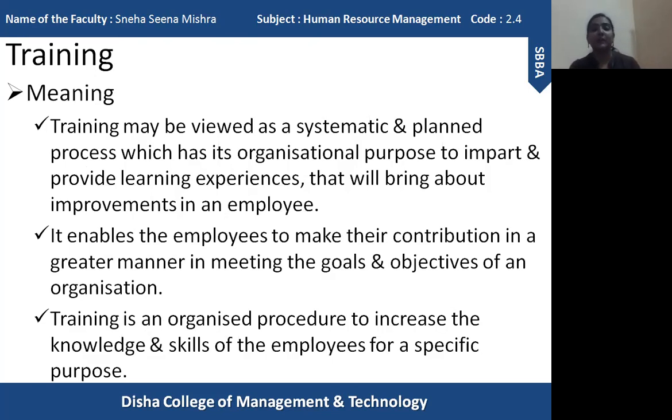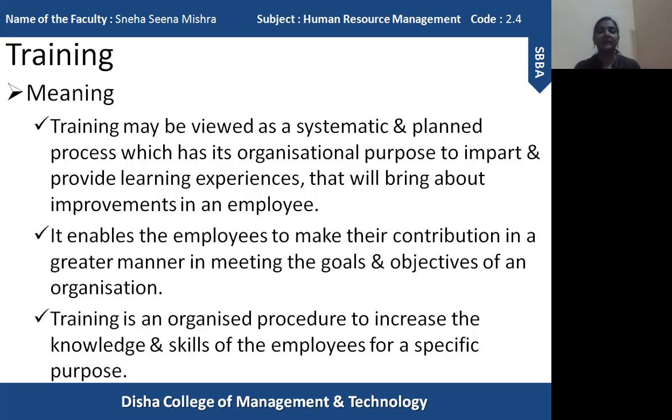To impart knowledge, to impart learning experience to the employees, and they also provide different kind of facilities through which an employee can learn a lot of things. So they impart knowledge and skills, they provide different types of facilities to have some learning experience, and these learning experiences, these different methods of training actually make necessary improvements within an employee, so that they can do their job efficiently, effectively, and their performance level can also be increased.